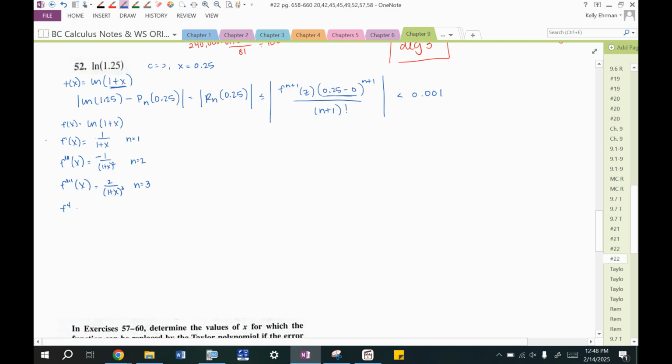I'm going to do a couple more. I think the fourth derivative is going to be negative 6 over 1 plus x to the fourth. And I've done this a few times so I can see it, but if you can't quite see it, it might take about 5 derivatives to get there. This is going to be 24 over 1 plus x to the fifth.